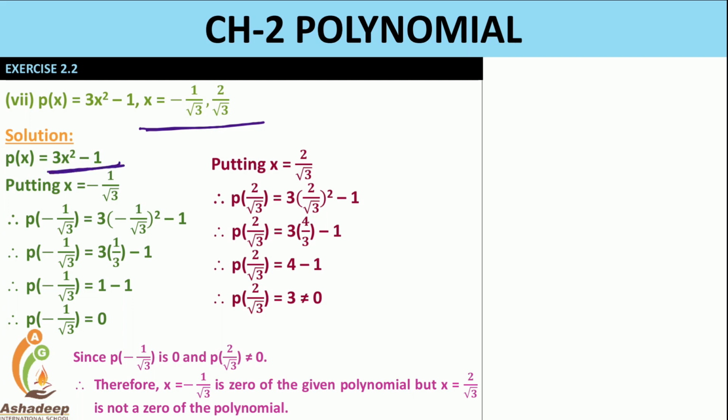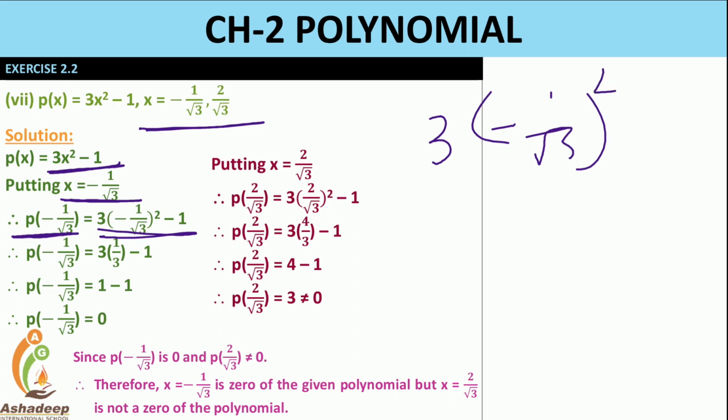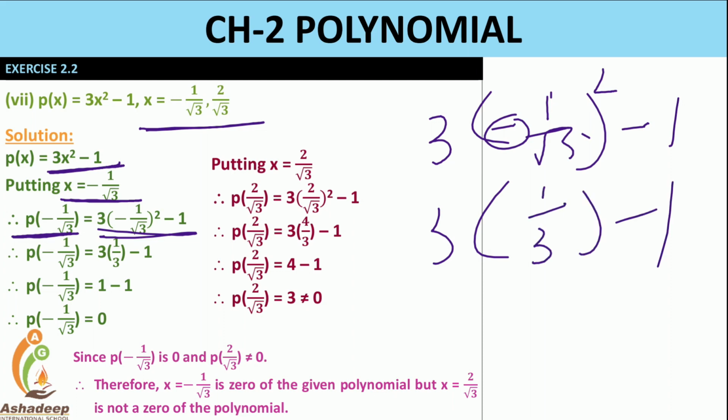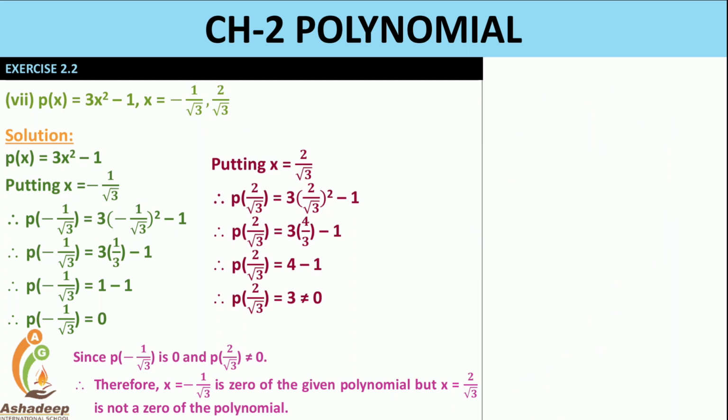3x square minus 1. So x is equals to minus 1 upon root 3. So instead of x, what we need to put is minus 1 upon root 3. So 3 into, see here I did this step, minus 1 upon square root of 3 whole square minus 1. So 3 into, the square becomes plus, so 1 upon 3 minus 1, because square of root 3 is what? 3. 3 cut, 1 minus 1 is equals to 0. Okay. So it is 0.